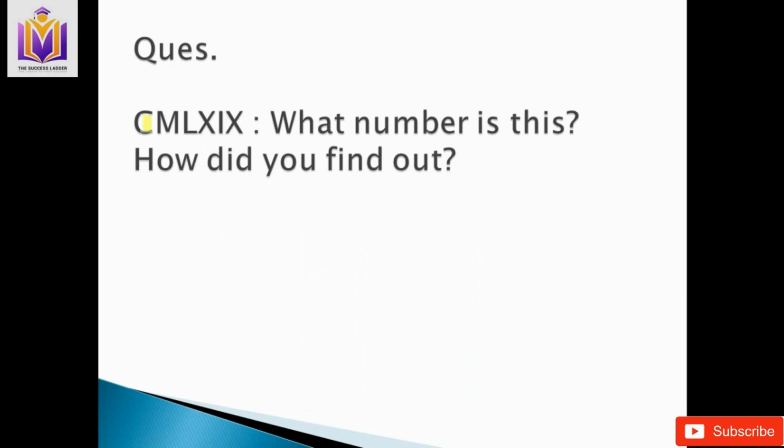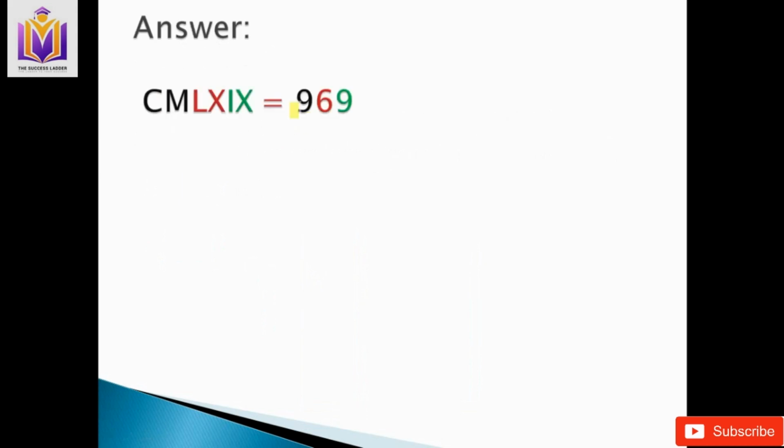So the master question for today is CM LX IX. What number is this and how did you find out? So let us see what number this is. It is 969. So how? Let us see.